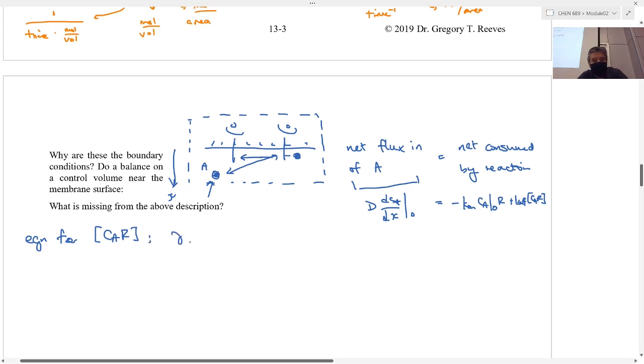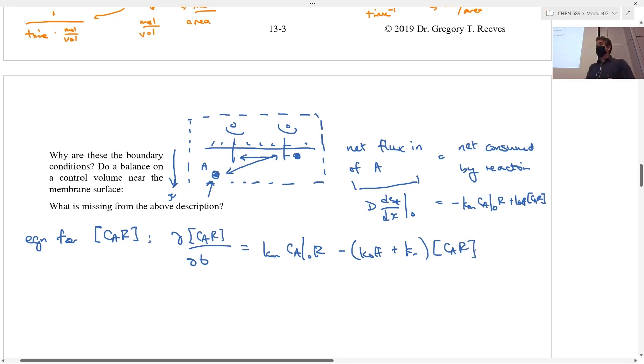So the equation for CAR is d[CAR]/dt, the accumulation, is equal to k_on times CA at 0 times R minus (k_off plus k_reaction) times CAR complex. Right? This is just looking like the receptor with endocytosis equation that we had before. The form is the same. It means something slightly different, but the form is the same.